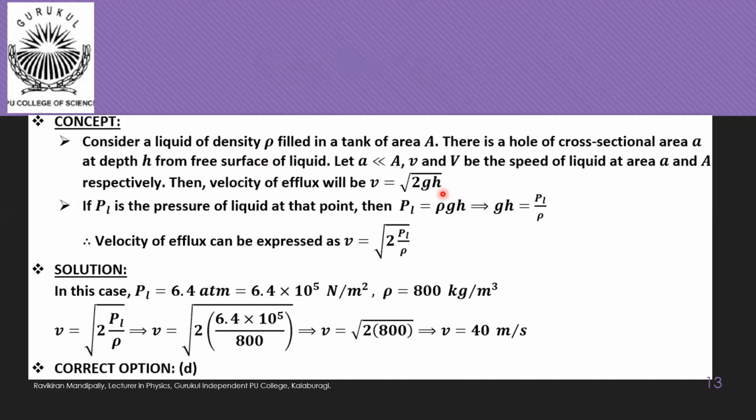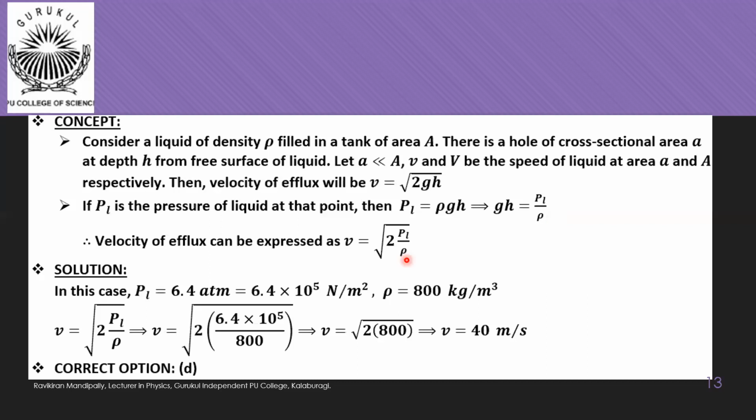Now suppose at the position of the hole inside the container, the liquid pressure, which you can also call gauge pressure, equal to absolute pressure minus atmospheric pressure, is PL is equal to rho gh. This is only pressure due to liquid. Then gh can be equal to PL by rho, that we can substitute in this equation. Then we get V is equal to root of 2 into PL by rho.